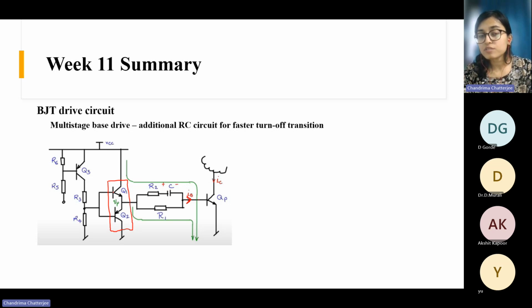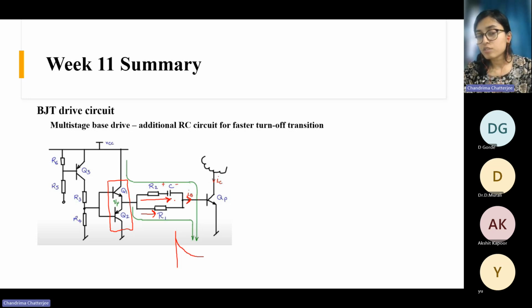When Q1 is on, the current has two parallel paths, through the RC and through this R1. But we know that just the moment Q1 is on, this capacitor will act as a short circuit, so it will draw a very peaky current initially, and then the current will fall gradually.